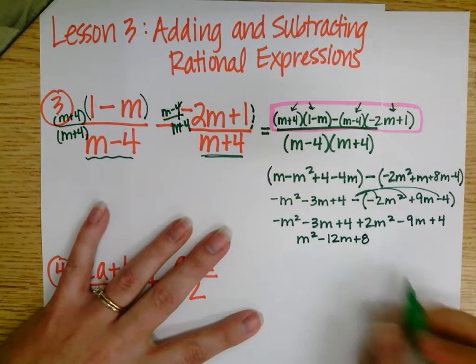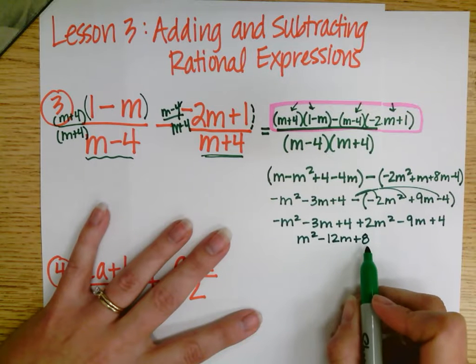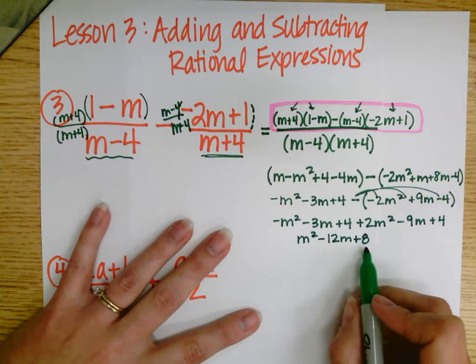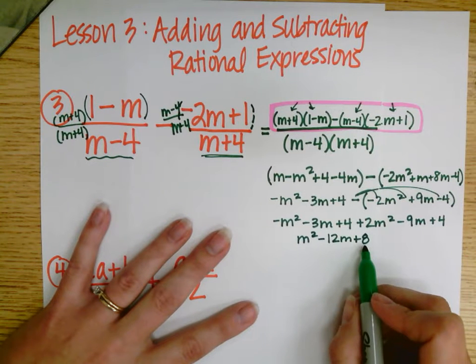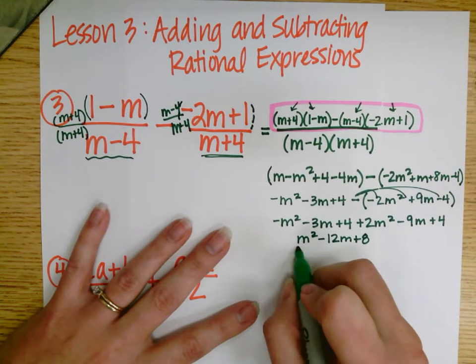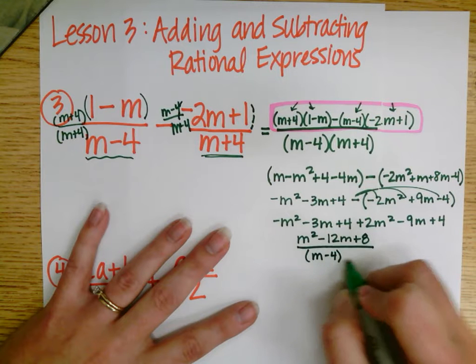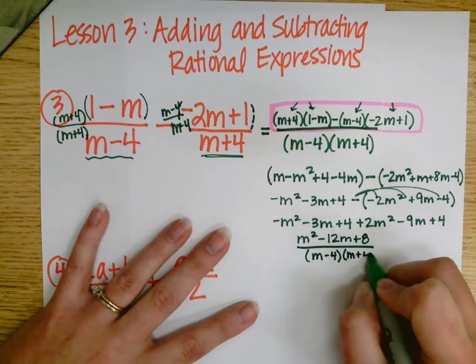Now the question is, is this factorable? Can I find two numbers that multiply to give me 8 and add to give me negative 12? Just off the top of my head, I'm going to say no. 4 and 2, 1 and 8, that's not going to happen. This is not factorable. If it were factorable, I should factor it and see if anything cancels.